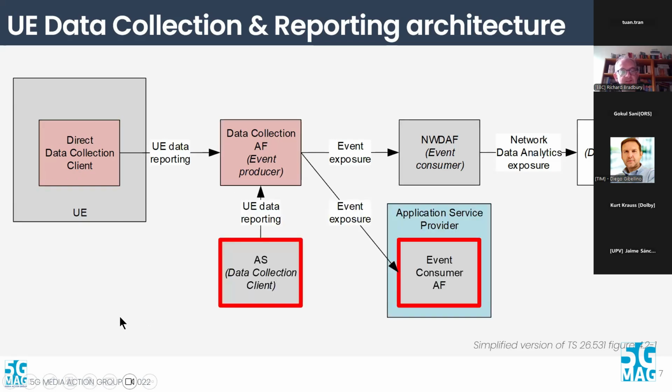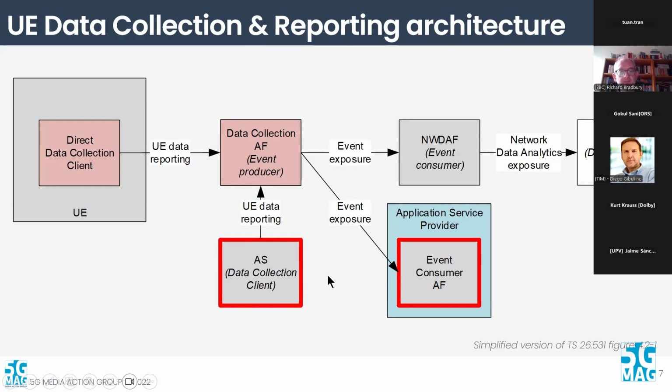And then in addition to that, SA4 realized that there's another potential source of UE information, which is the application logs of application servers that are sitting in the network. So that's another kind of data collection client that could be reporting UE information into this data collection AF.